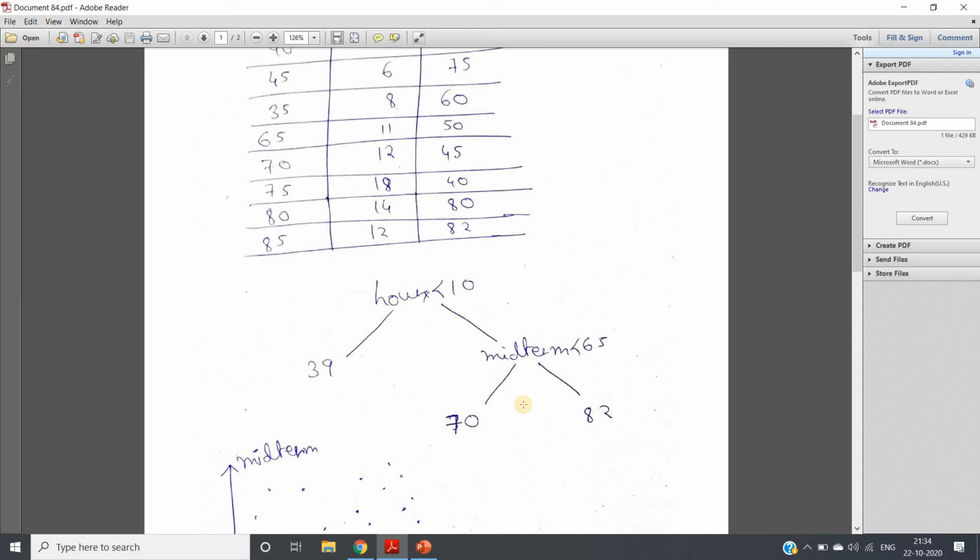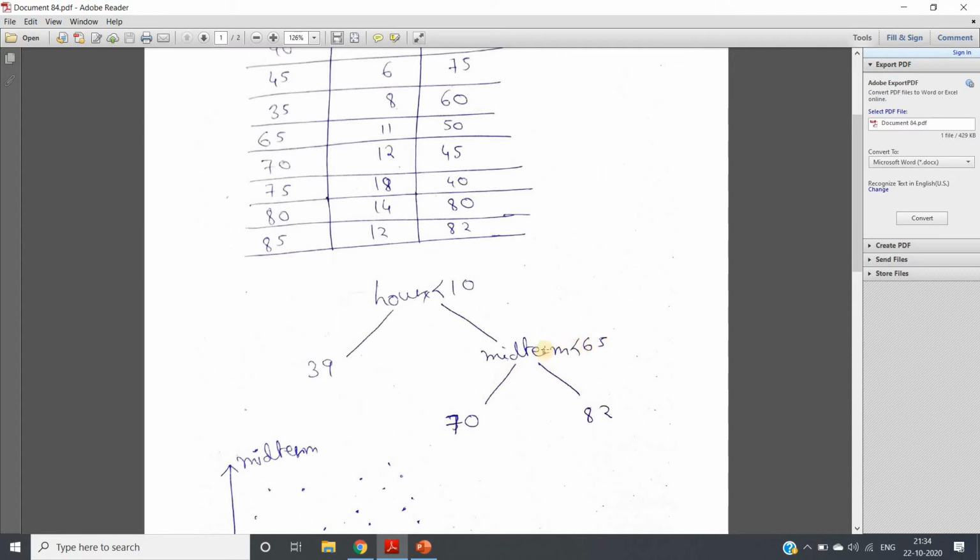See, very simple. First it will ask this question: is total number of hours studied lesser than 10 or greater than 10? If it is lesser than 10, it will directly conclude that the student's final exam marks is going to be 39. But if it is greater than 10, it will ask one more question: is the student's midterm marks greater than 65 or less than 65?